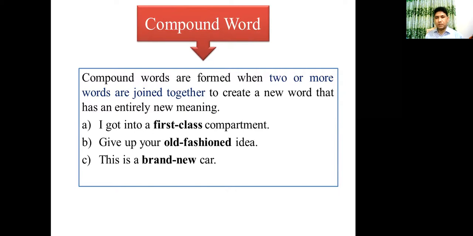Okay, there are three examples. First one is, I got into a first class compartment. Here, first is a word, class is a word. So, two words are joined together and they become first class, a completely new word with a different meaning.